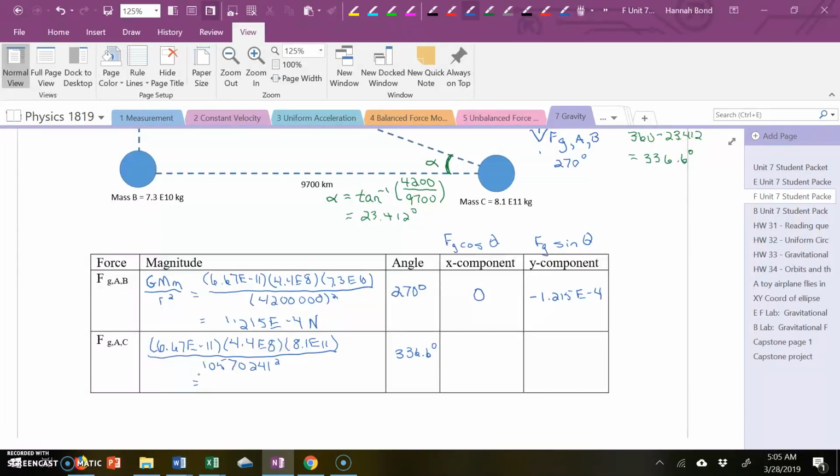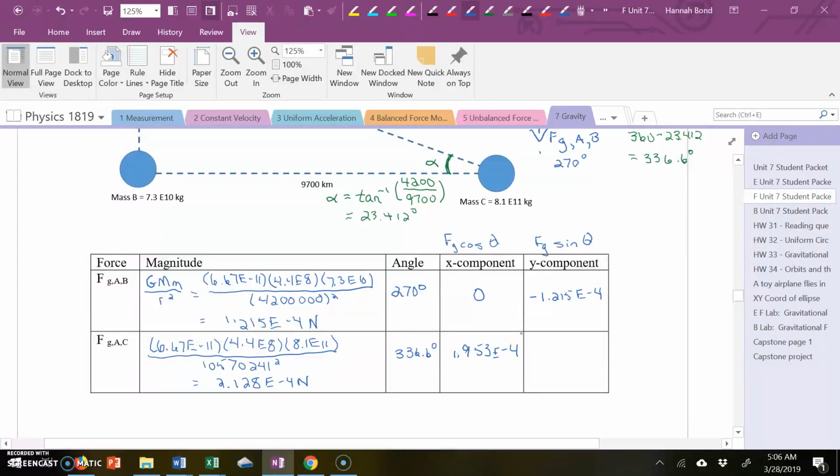Okay, and I get a force of 2.128 e to the -4th newtons. Now, this is at an angle of 336.6, so I'm going to have to take that magnitude times the cosine of 336.6, and that gives me the x component of 1.953 e to the negative fourth.